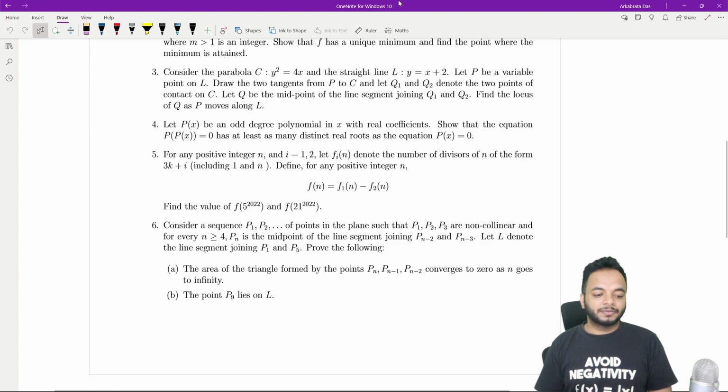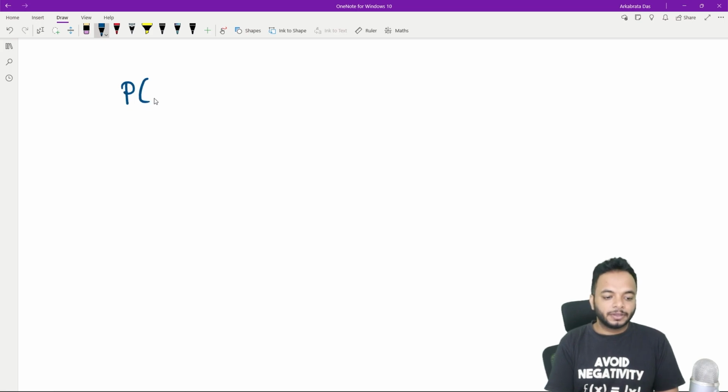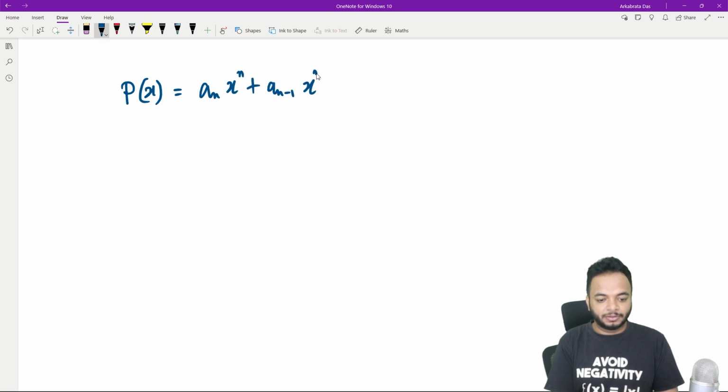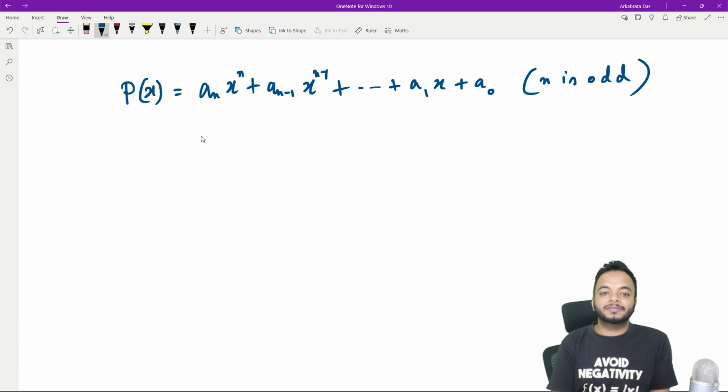Before jumping into this equation, you must note one thing about odd degree polynomials, that is, their range is the whole of R. So if p(x) is a_n x^n + a_{n-1} x^{n-1} + ... + a_1 x + a_0, and n is odd, now if a_n is positive, then when x tends to positive infinity, x is very very large, the leading coefficient is positive, and so the polynomial will be tending towards positive infinity.